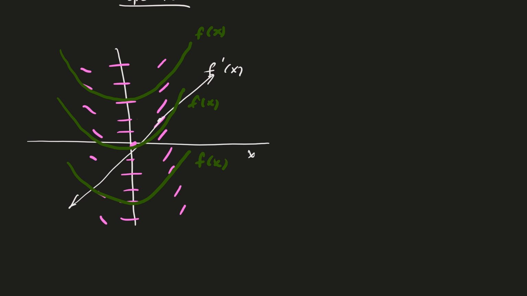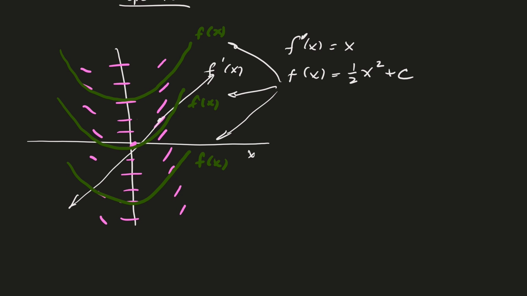Right, and so really you can tie this up with the algebra. So if f prime of x is equal to x, right, then f of x would be x squared times 1 over 2 plus c. And so that's what you're seeing here. These are our parabolas shifting up and down depending on what the value of c is.